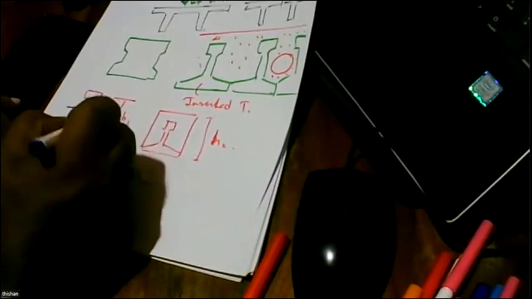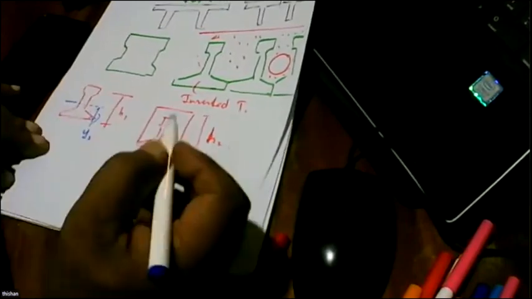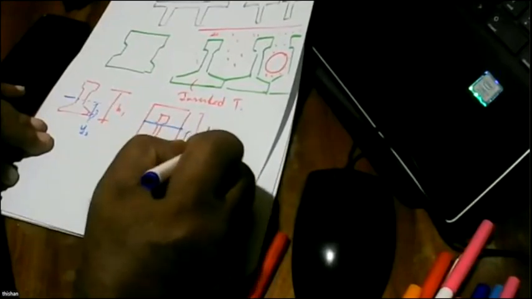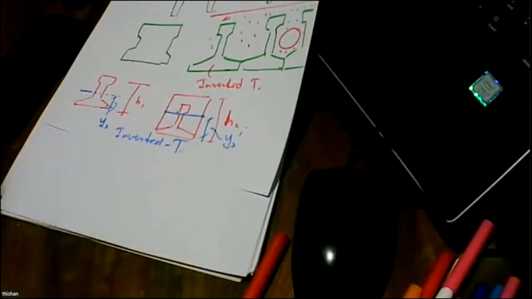Earlier, the centroid was here, close to the bottom flange, say Y2, and now it will go up and you get Y2 dash. With that, you will have to see how we can design this improved version, and these are called inverted T type beams. So we are going to look into the equations of this particular situation next time.